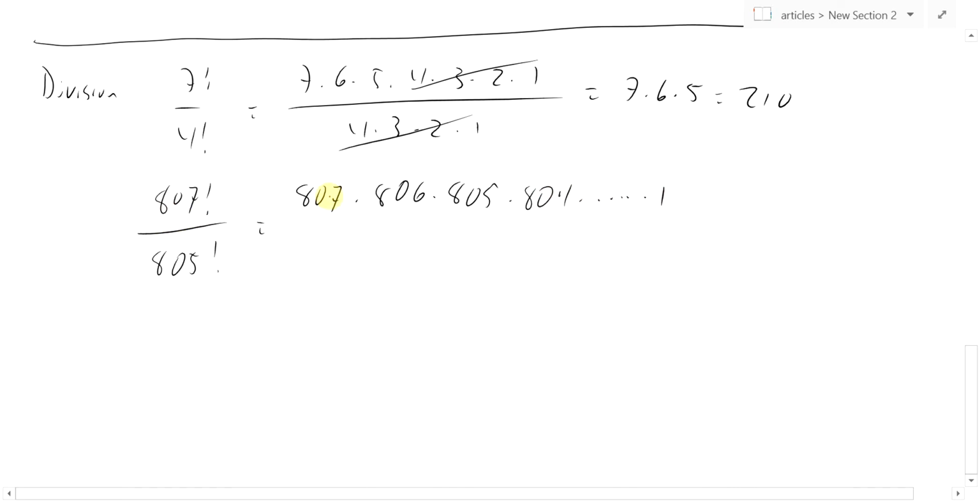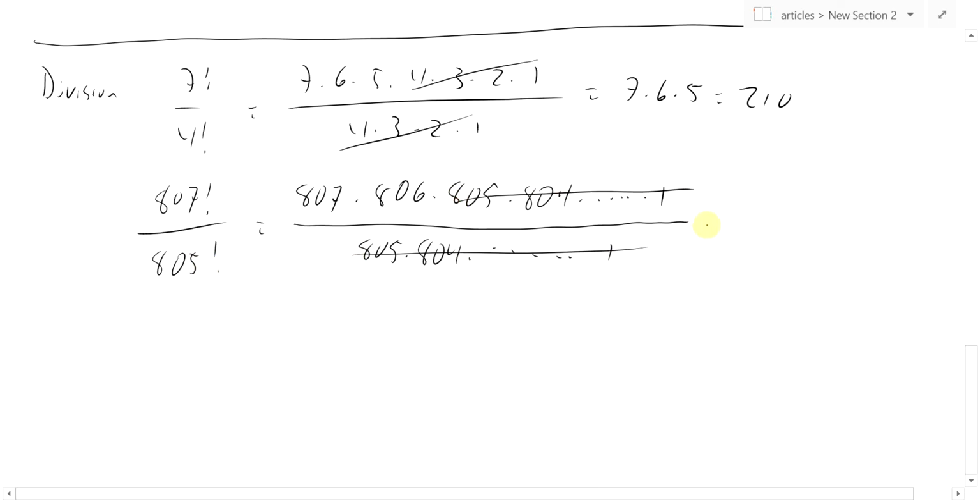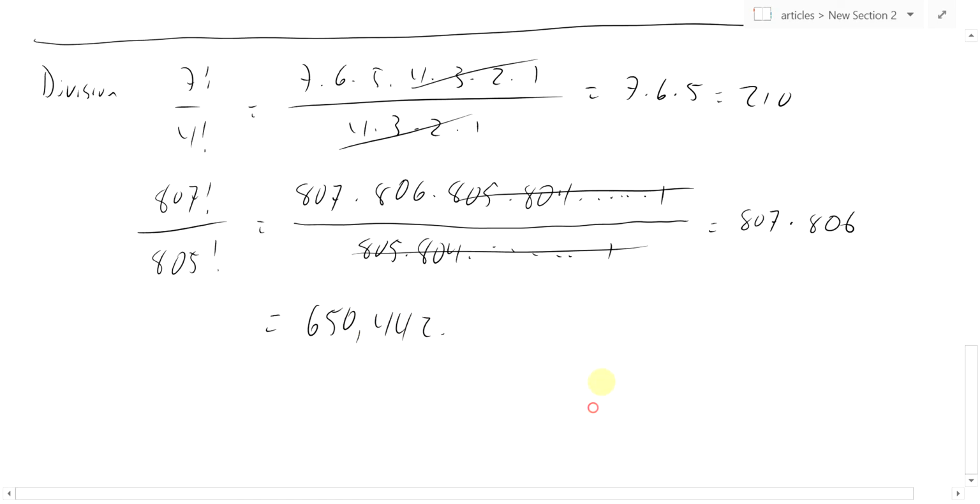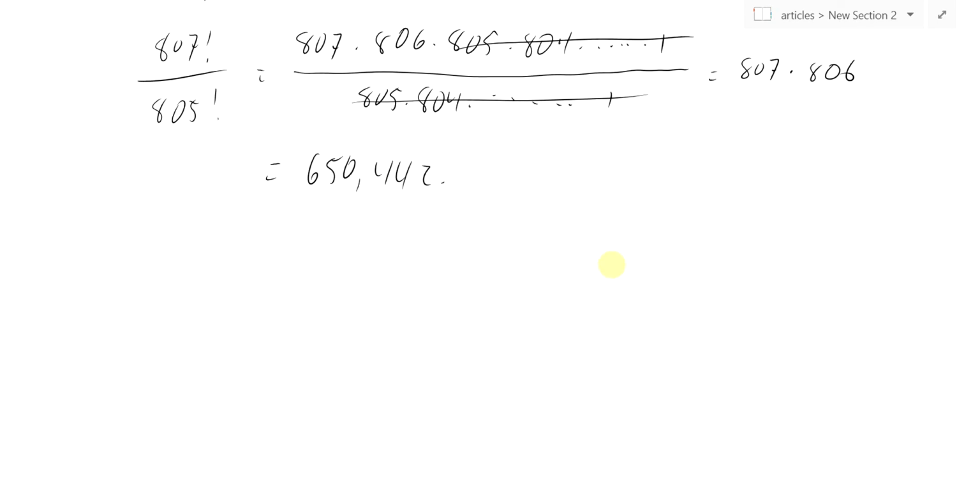Take 807, multiply by every number less than it, divided by, well, 805 factorial is 805 times 804 times all the way down to 1. So, what's this division? You can cancel out these, and you're left with 807 times 806. And if you multiply that out, it's 650,442. So division of factorials is pretty easy because almost everything cancels out.